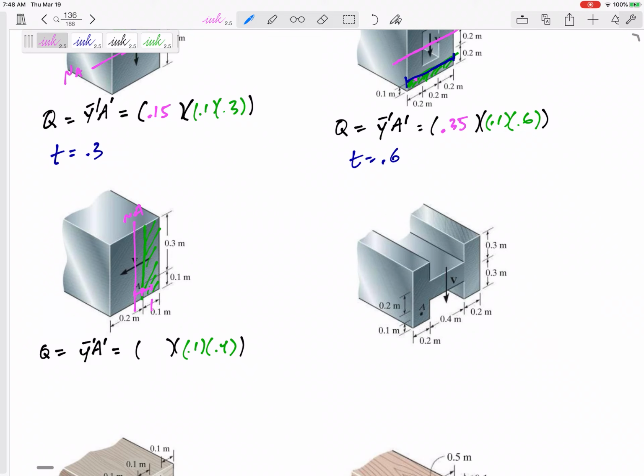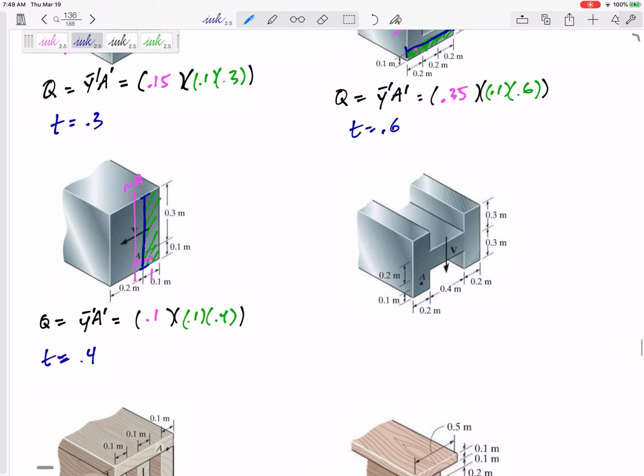So I go 0.5 to get to my point, and then another 0.5 to get the centroid of A prime. And then the thickness would be that thickness 0.4, and that's what I would use in the VQ over IT if I was looking at point A, trying to find the shear stress at point A on that cross section.